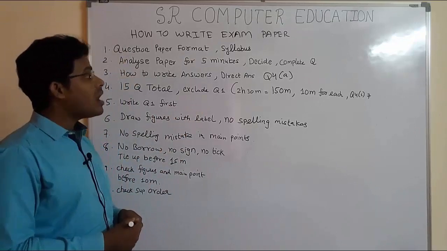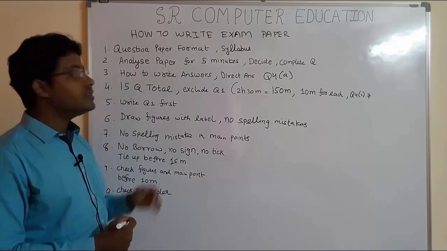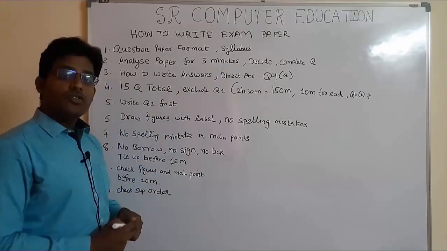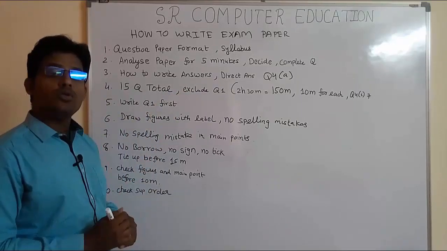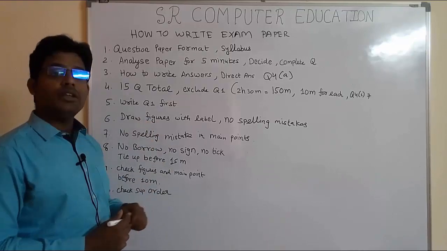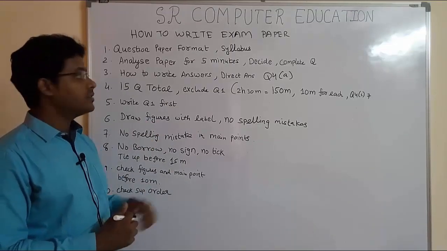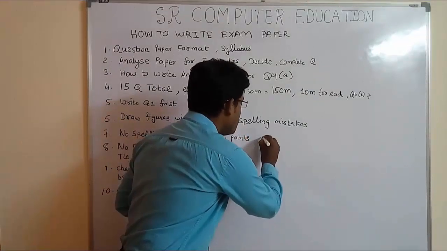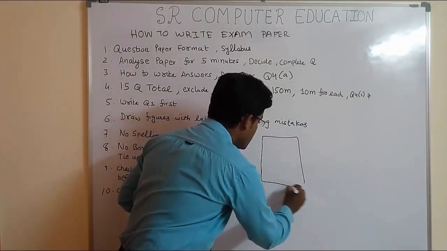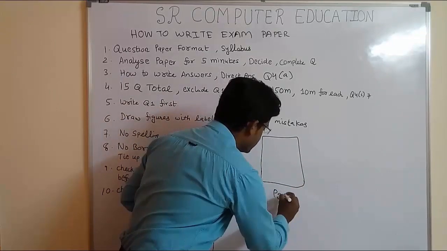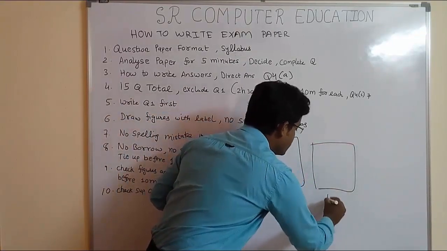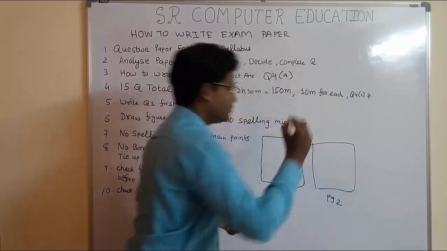Now students make a mistake here. They don't know how to write answers in examination. So I am going to show you exactly how you have to write in examination so you can score good marks. Suppose this is your main answer book, page number 1, then main answer book page number 2.